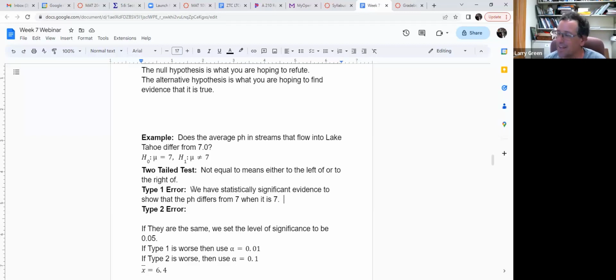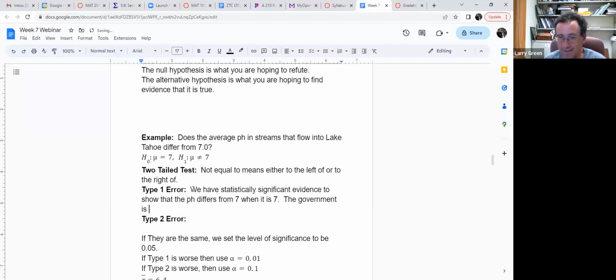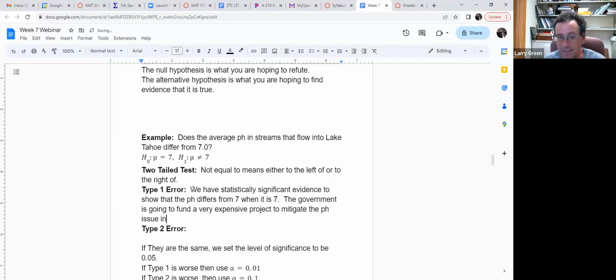So then what's going to happen is the government is going to fund a very expensive project to mitigate the pH issue in the creeks.